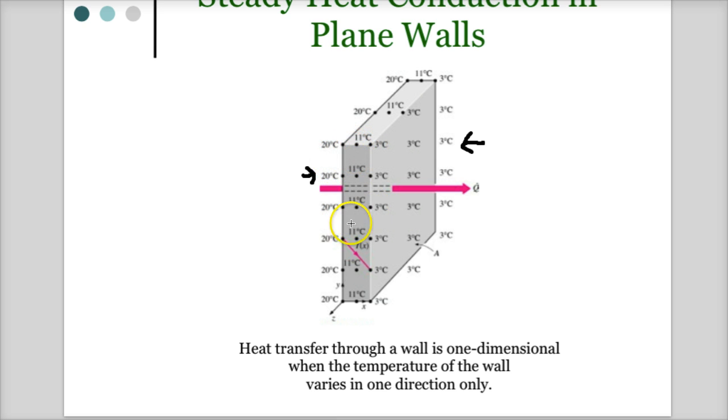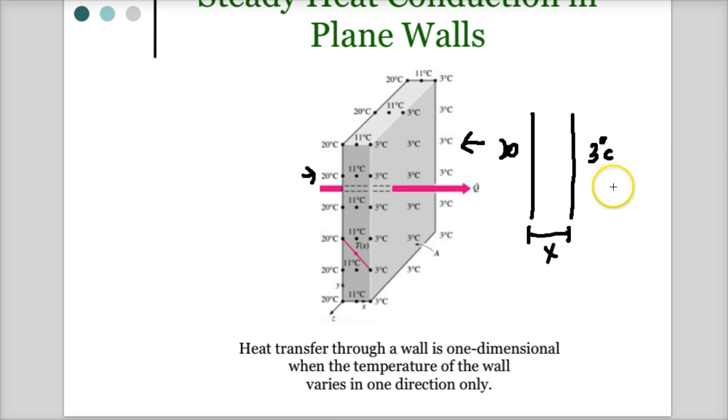This is the cross section of the plane wall, the x value. This is 20, the inside. I presume this is the inside of a house, and this is the outside. Presumably this is almost winter, but it's not yet snowing.